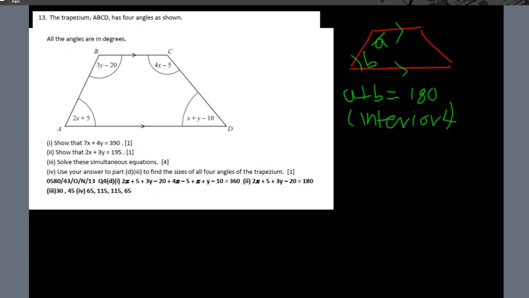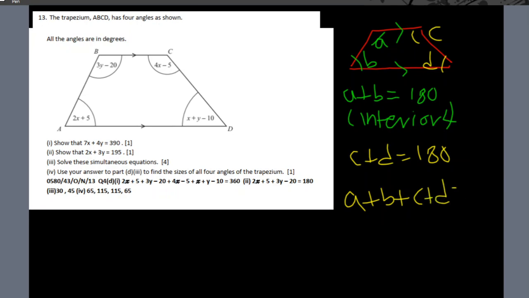Similarly, if this angle is, let's say, c and this angle is d, then also c plus d equals 180 because of the same reason. Also the sum of all these 4 angles would be 360 because the sum of angles in a quadrilateral equals 360. So we'll probably be using 2 of these properties to show the required equation.